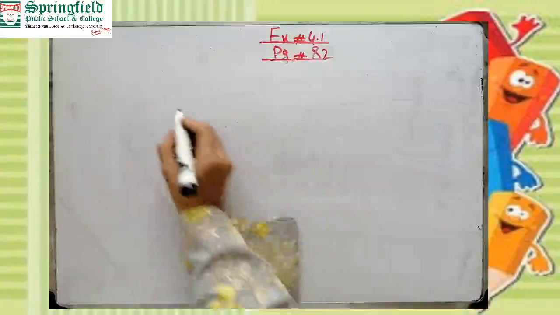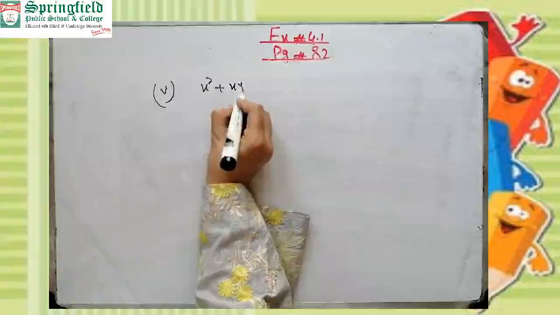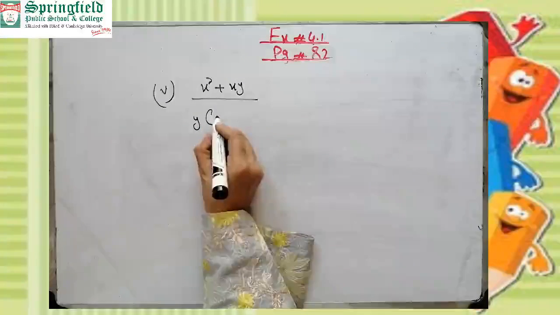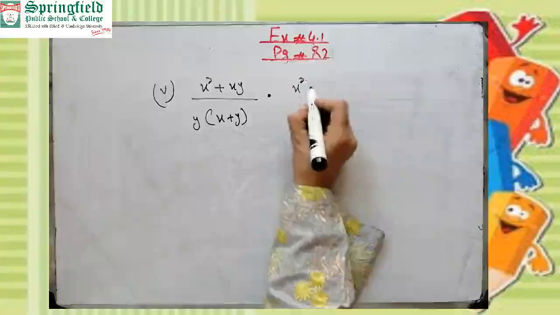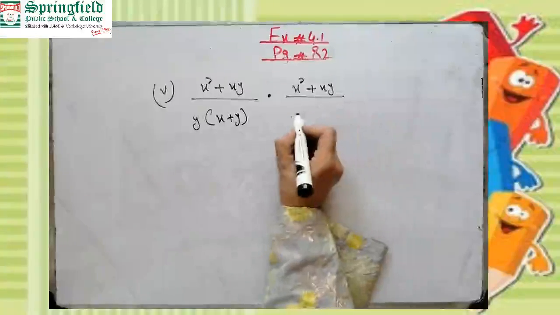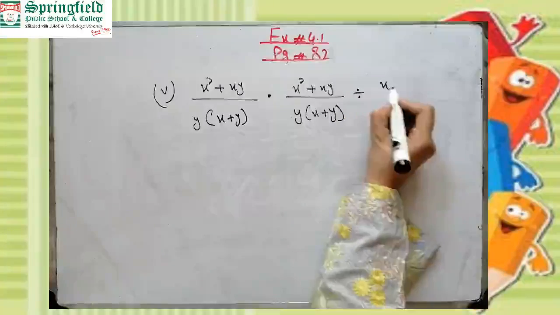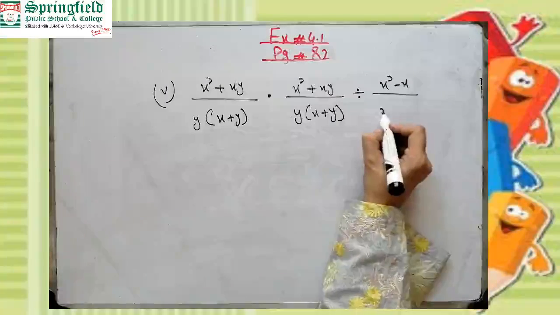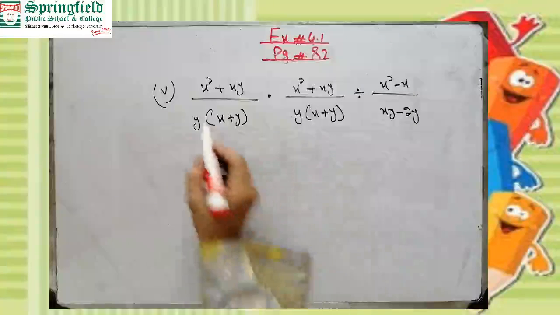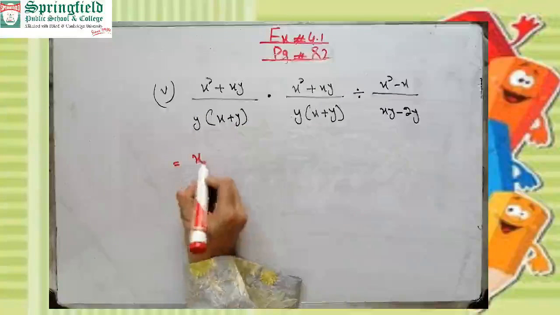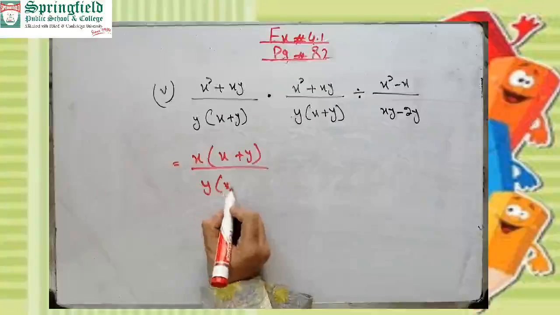The last part is x square plus xy divided by y, x plus y, into x square plus xy divided by y, x plus y, divided by x square minus xy divided by xy minus 2y. So how can we solve this question? From x square plus xy we can take x common, so x times x plus y remains, divided by y times x plus y.